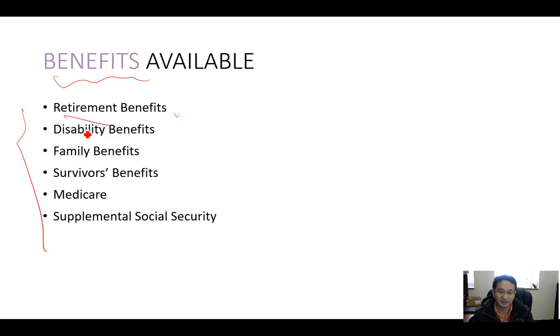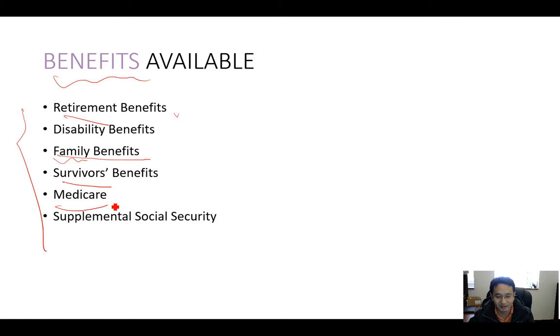Disability benefits: if you become disabled, you will have some income. Overall family, right? Kids mainly. And then survivors, right? If the breadwinner died because of some accident, the surviving spouse will be able to get some money, okay? Not that much money, but at least some to have a good level of living standards, okay?